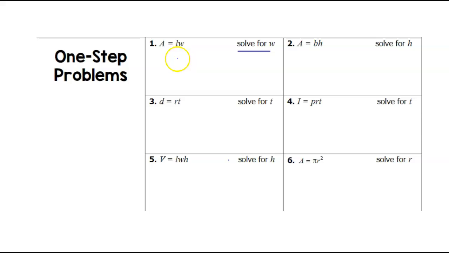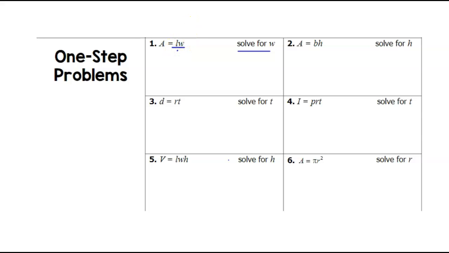Well, let's look at this. Number 1 says solve for W, which means I want to isolate W. They give us A equals L times W. What do we have to do to get W by itself? Divide by what? A? Is it A? What's being multiplied times the W? L, yeah.